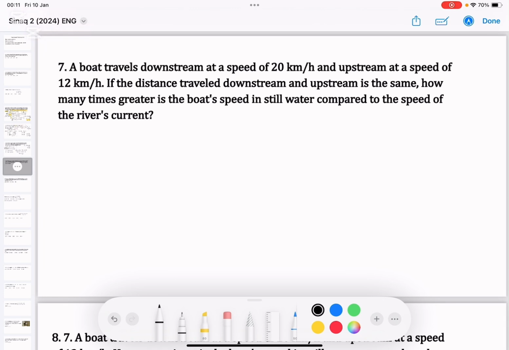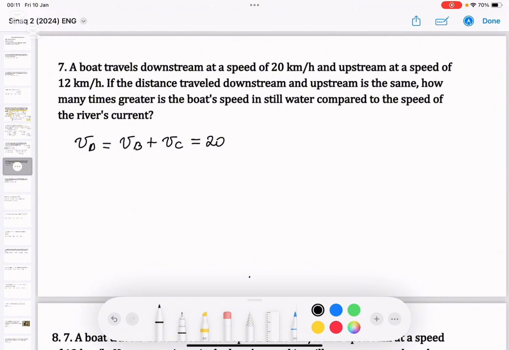A boat travels downstream at a speed of 20 kilometers per hour and upstream at a speed of 12 kilometers per hour. So what we have, speed of the boat traveling downstream, it's basically speed of the boat plus speed of the current, and it's equal to 20.